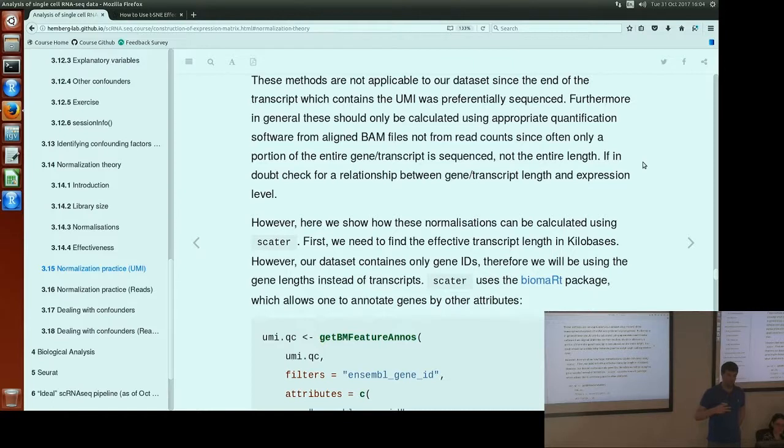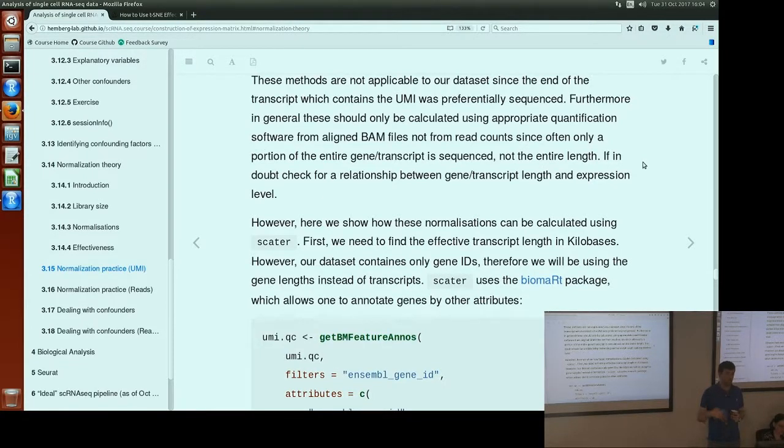We generally don't want to do them post hoc from read counts, since often only a portion of the entire gene or transcript is sequenced, not the entire length. So if we just take the annotated gene length or transcript length from some database, then that may not reflect what we can actually sequence from a given transcript, and that may send us off in the wrong direction.